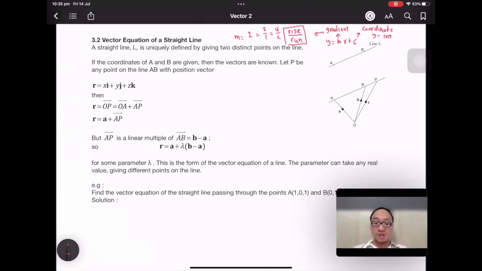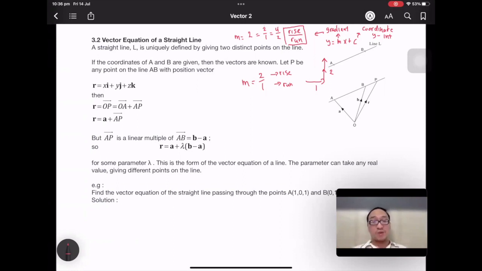So what does 2 over 1 mean? 2 is the rise and 1 is the run. So that means it moves 1 unit to the right and 2 units upwards. So the gradient is indicating the direction of the line.